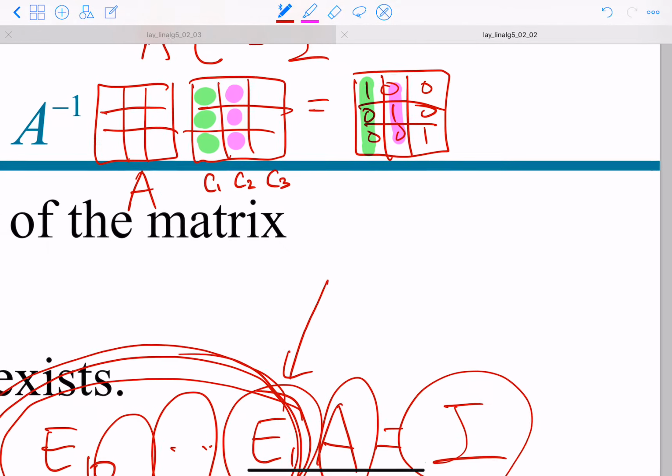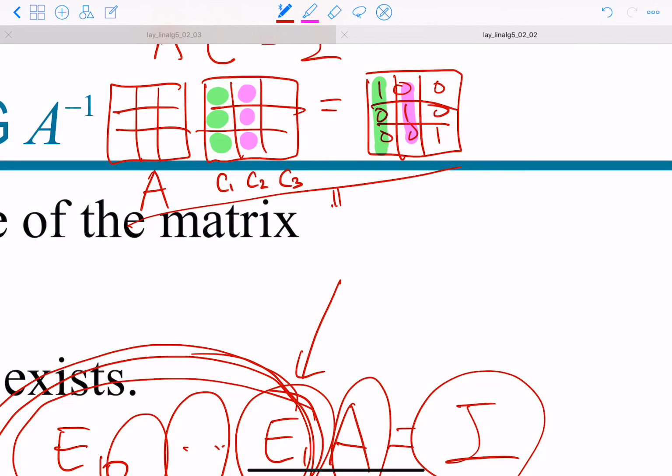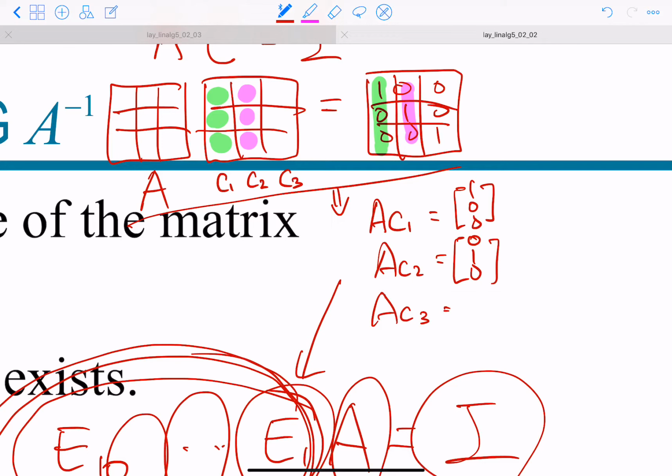Then we can decompose this into A C1 is equal to what? 1 0 0, and A C2 is equal to 0 1 0, A C3 is equal to 0 0 1, right? Any questions about it? You guys follow this, right?